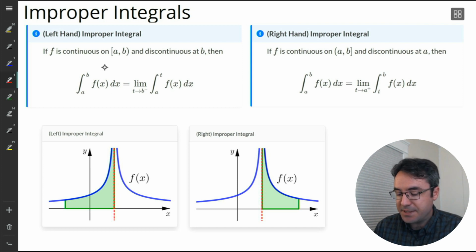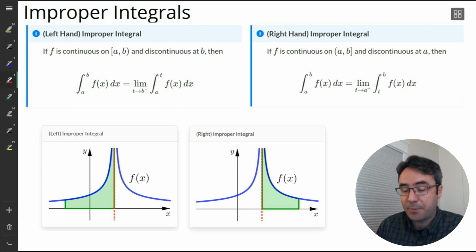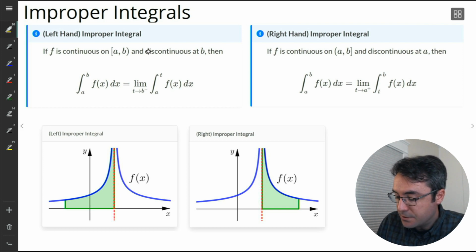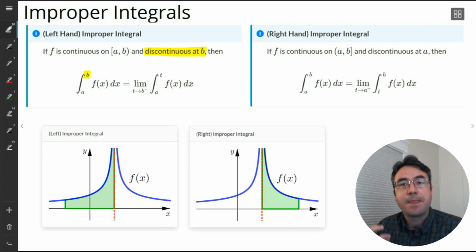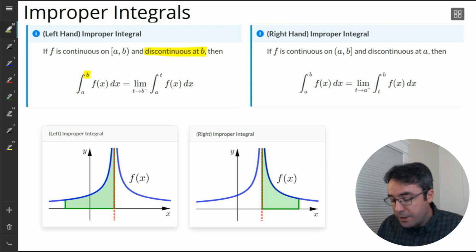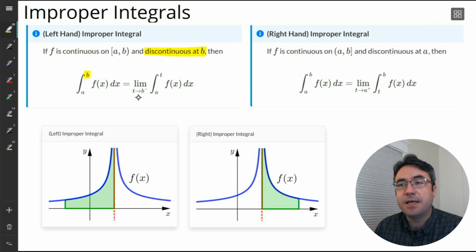So that means this is not a usual definite integral that we really know how to calculate. We have to adjust this definition a little bit because our function is discontinuous at that upper limit. How are we going to do this? Well, we're going to use limits. And we're going to write this as the limit as we approach that discontinuity.